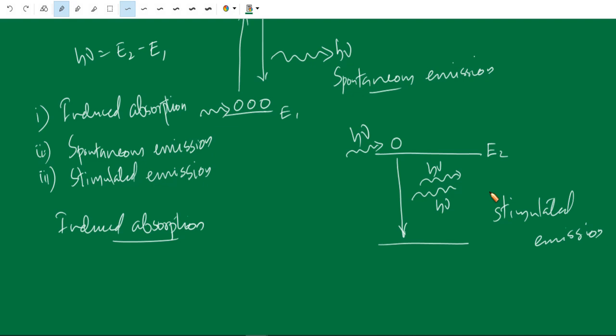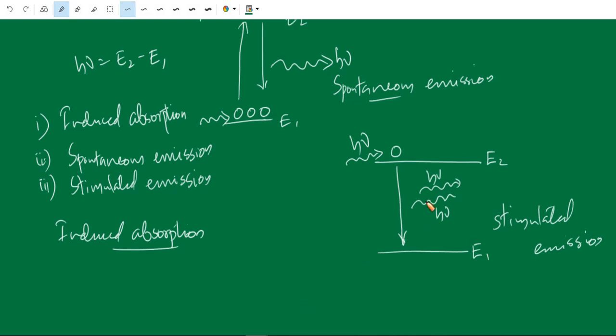Another possibility for the atom at the E2 excited level is that it can emit a photon by the influence of another photon. If another photon sees this atom at energy level E2, then the atom is de-excited by emitting two photons of energy h nu. This is called stimulated emission.